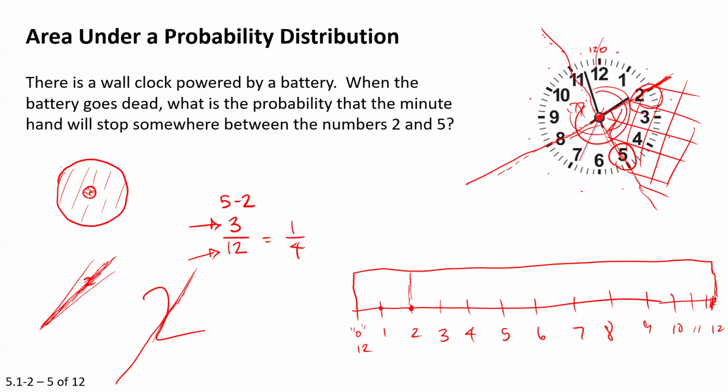Does that make sense? In the same way, what are the chances that this hand lands exactly on two? Not above, not below, but exactly on two. That probability is also zero.